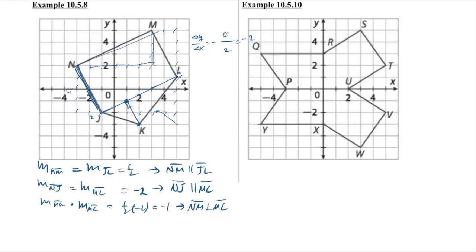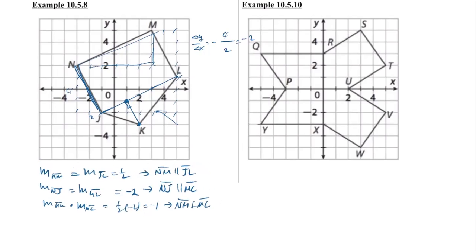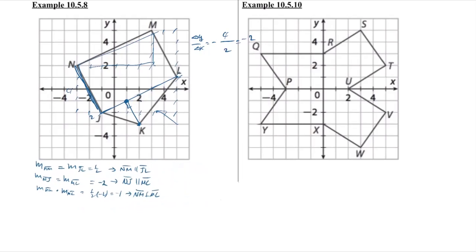Sorry, let me make that a little smaller. I was writing a little bit too big, right? So from that information, we could say that JLMN is a rectangle.